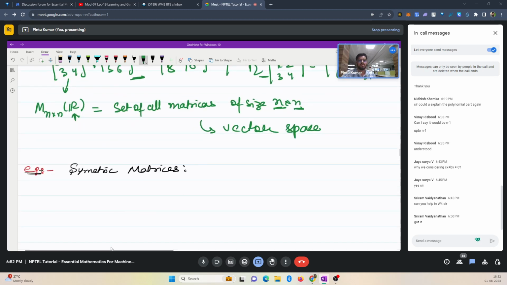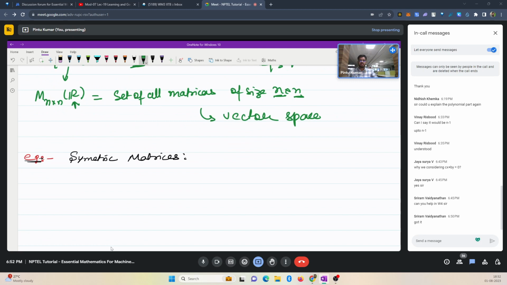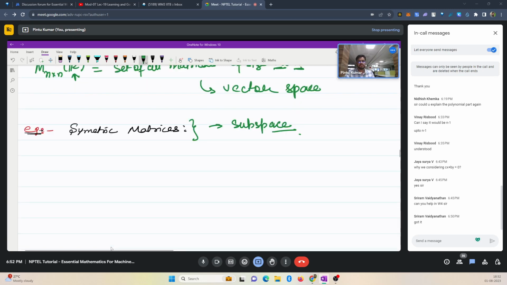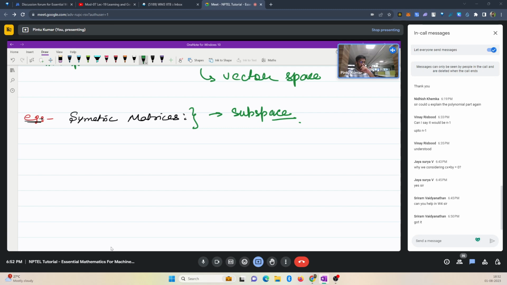Now, the set of symmetric matrices forms a subspace. You have a question on skew symmetric matrices in your assignment, which is why I'm covering this symmetric matrix example. So first of all, what is the transpose of a matrix?